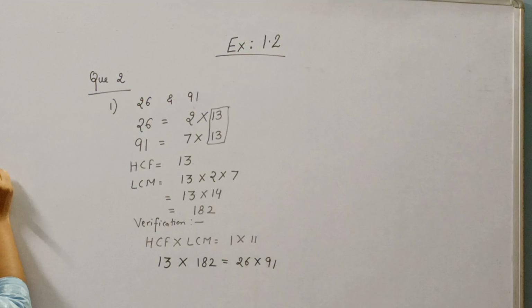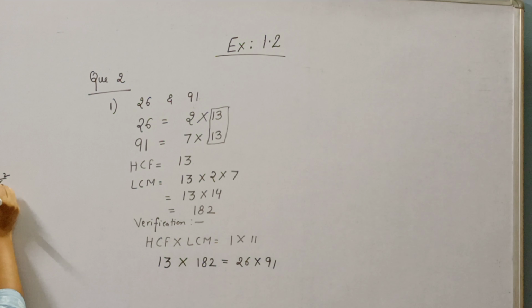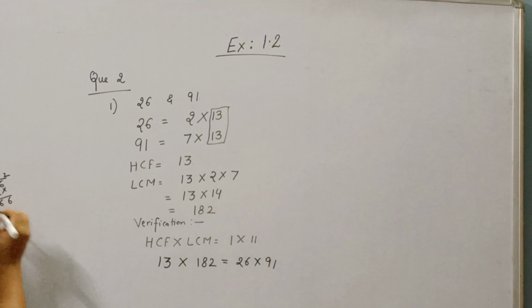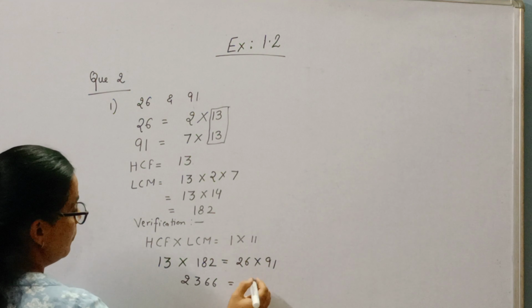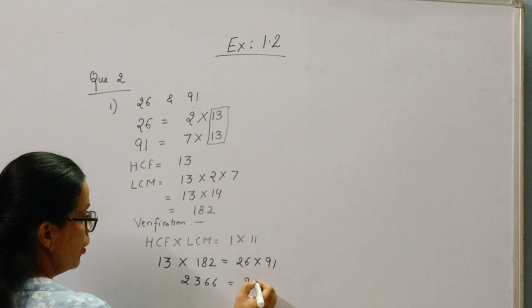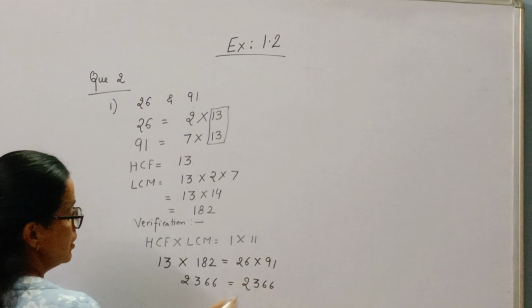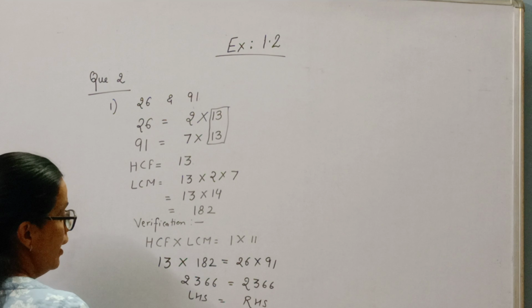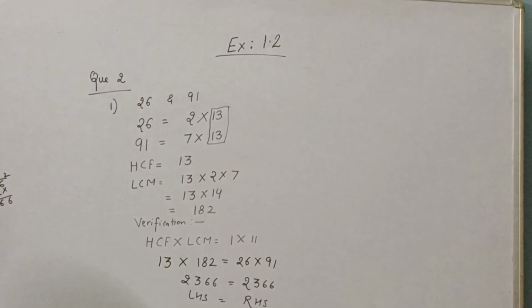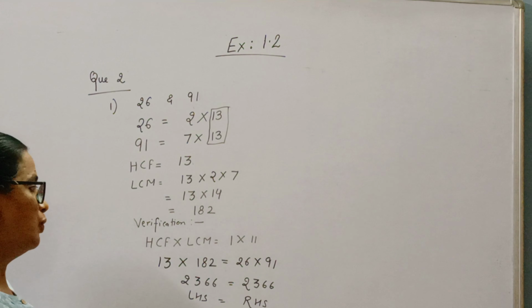Now we multiply 182 by 13, and this comes to 2366. And when you multiply 26 and 91, it will also come out 2366. So the left hand side is equal to the right hand side. Hence verified.